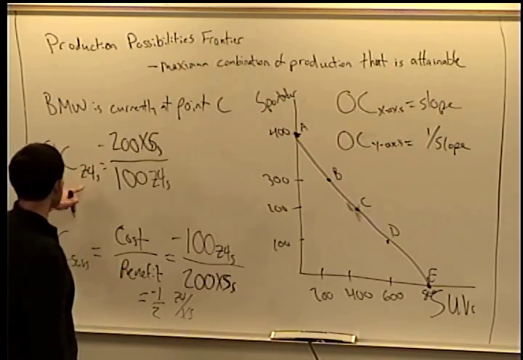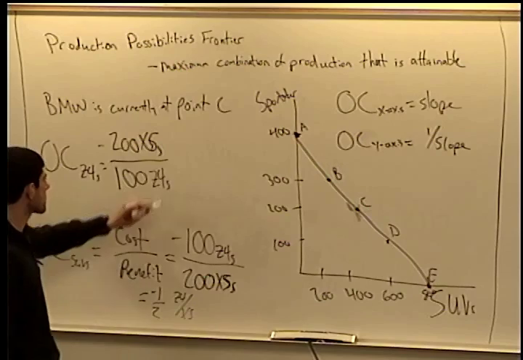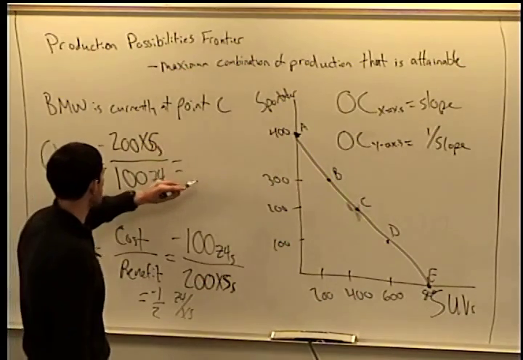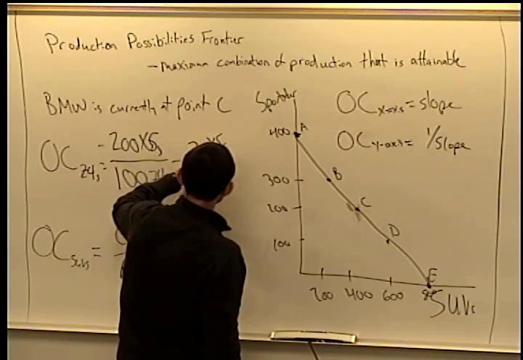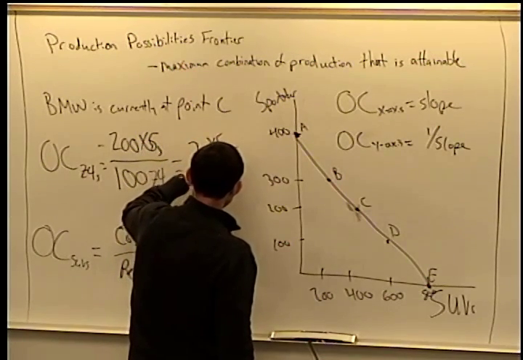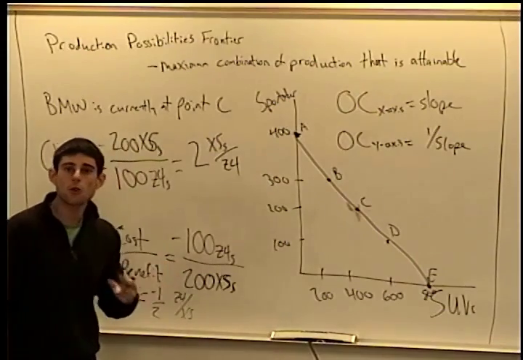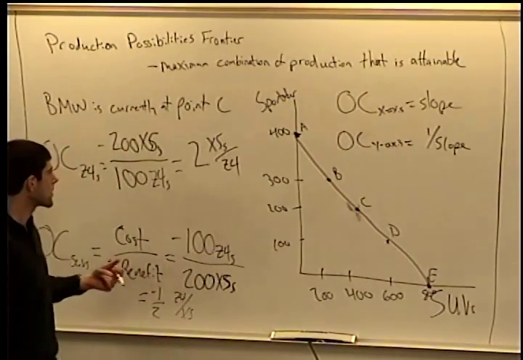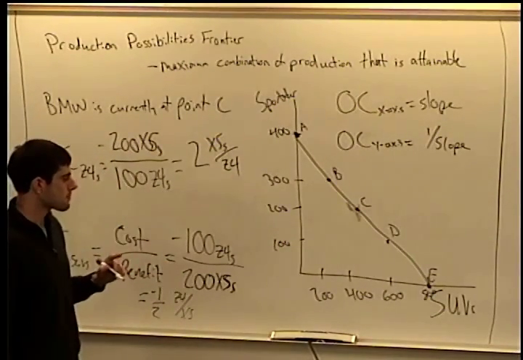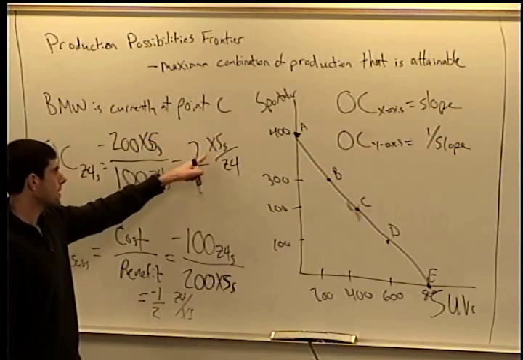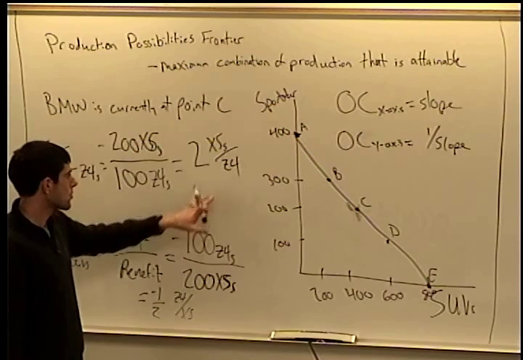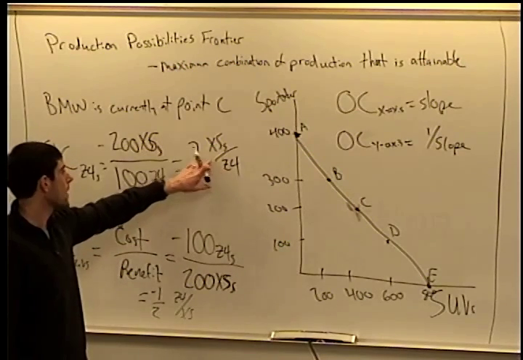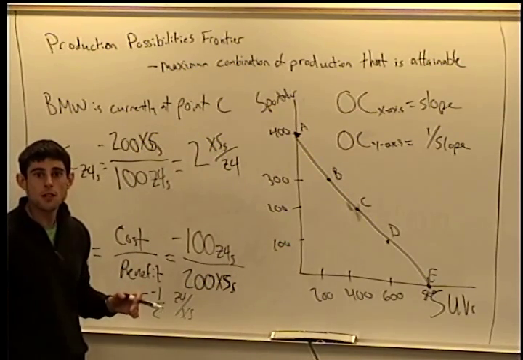Okay, or the opportunity cost of producing another Sportster for BMW is equal to 2 X5s per Z4. Okay, or the correct way to read this is for BMW to produce one more Sportster, it costs them producing 2 X5s. So to produce one more Sportster, they have to give up producing 2 SUVs.